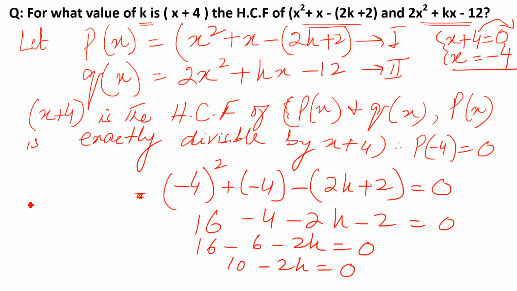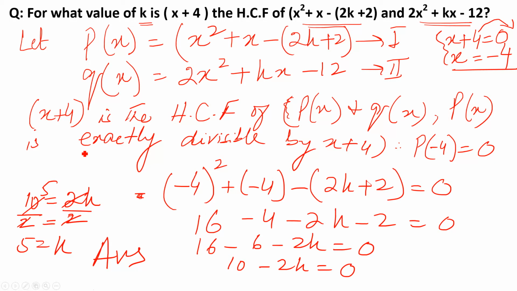Now do the rest of the work here. So 10 is equal to 2k. We want only the value of k, we do not want 2k. So we divide by 2, the same thing here, it will cross out, and this is 5. So 5 is equal to k, or k is equal to 5. This is your answer.